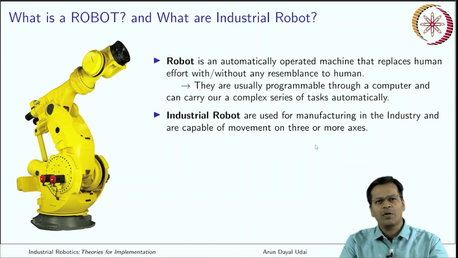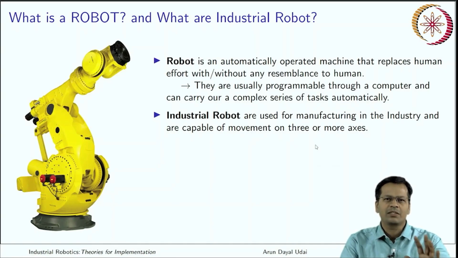So industrial robots are used for manufacturing in the industry and are capable of movement on 3 or more axes. We'll talk about axes in much detail while discussing kinematics in this course.